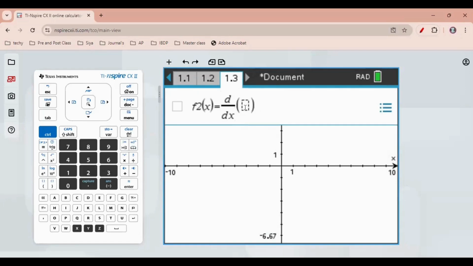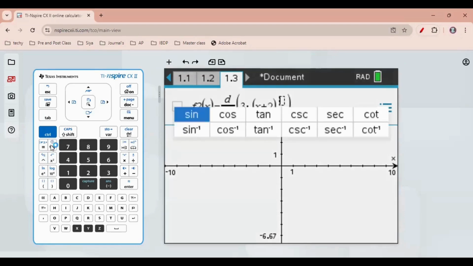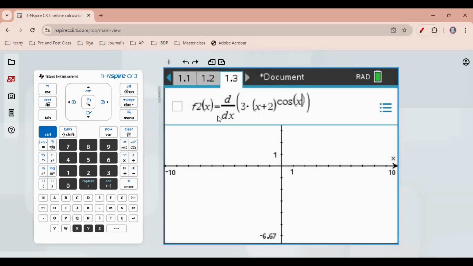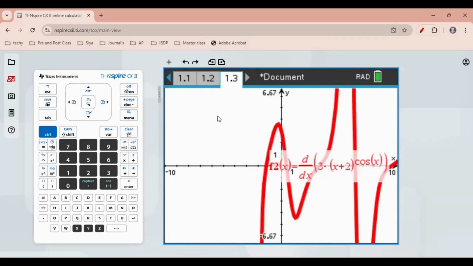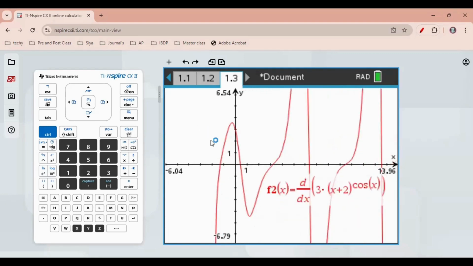So d by dx of the function, 3 times (x plus 2) whole raised to the power cos x, right? And okay, can you see the difference? The previous one was s of t, the displacement function, and now we have graphed the velocity function, correct?